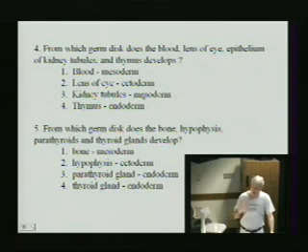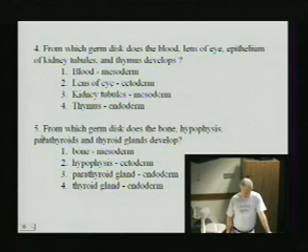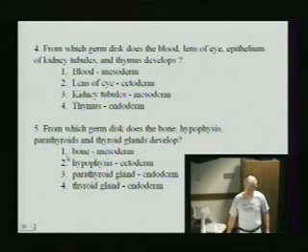So there's always these general rules and then the exceptions, and part of the labor of this class as an upper division class is to become familiar with and try to remember all of the exceptions as well as the generalizations. So from which germ disc does the bone, hypophysis, parathyroids, and thyroid glands develop? The bone is from mesoderm.